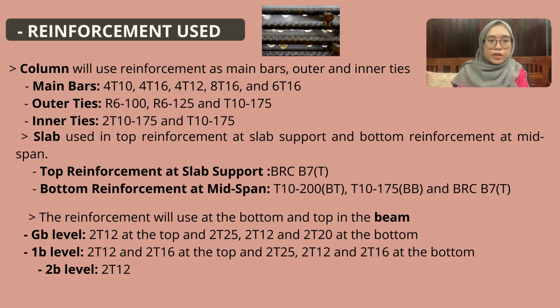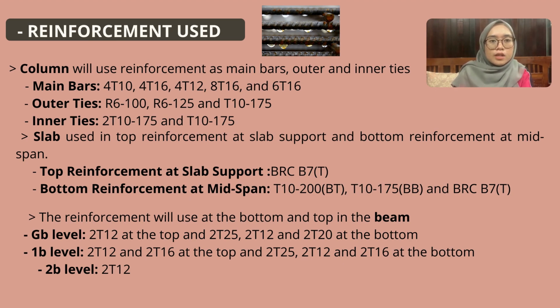Next, some types of reinforcement have been proposed to use in column, slab and beam. For the column, we use reinforcement as main bar, outer and inner ties, such as 4T10, 4T16, 4T12, 8T16 and 6T16 used in main bar, while RC100, RC125 and T10-105 were used in outer ties, and 2T10-175, T10-175 have been used in inner ties.